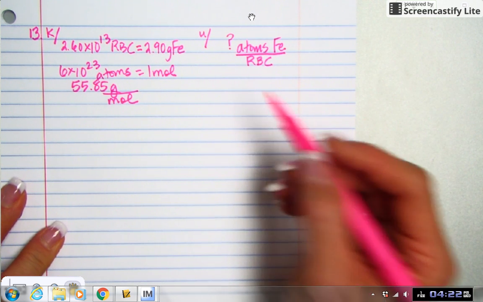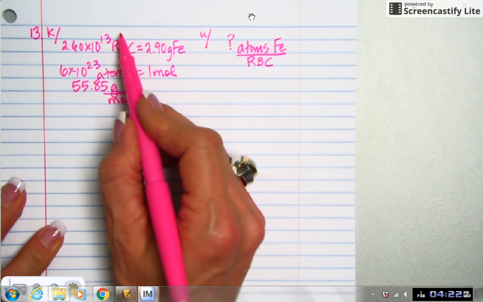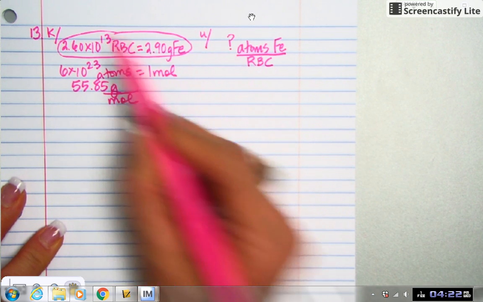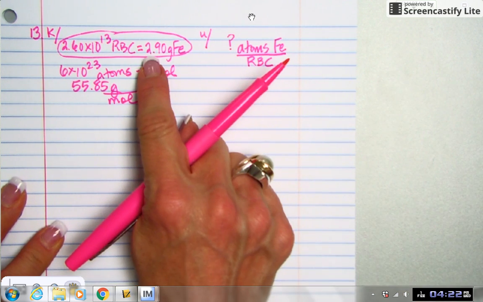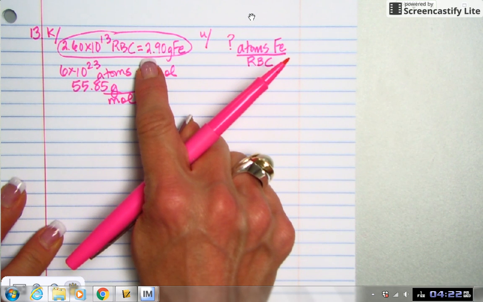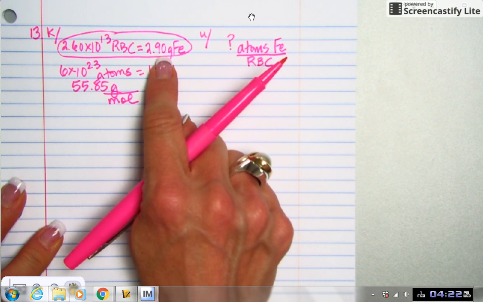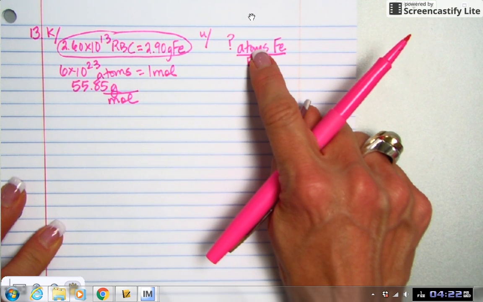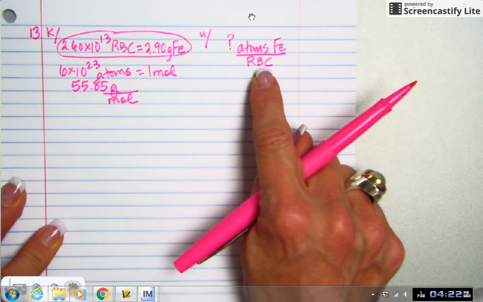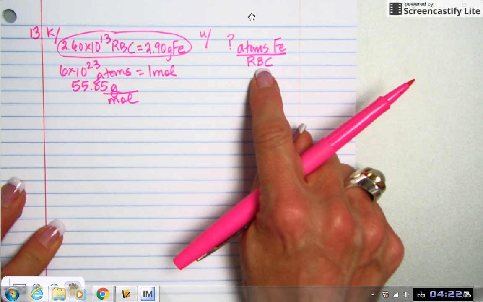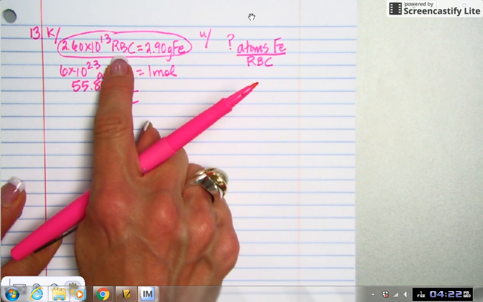So I'm going to start this as a dimensional analysis problem, and I'm going to start off using this as my given, but I'm going to make it like a ratio because they're giving us the ratio here. And since I need atoms as my final unit, and I need red blood cells on bottom as my denominator, I'm going to write this so the red blood cells are on bottom.